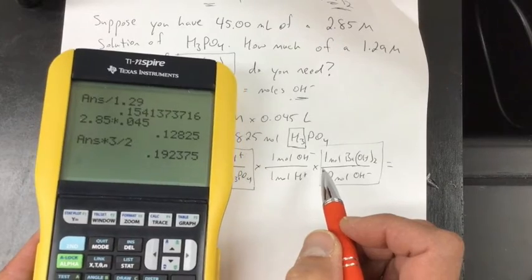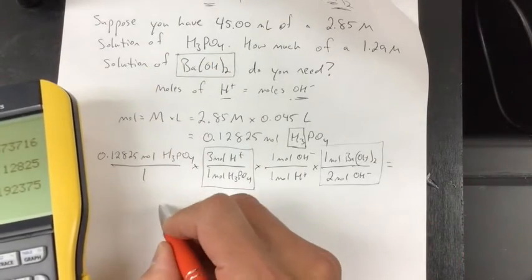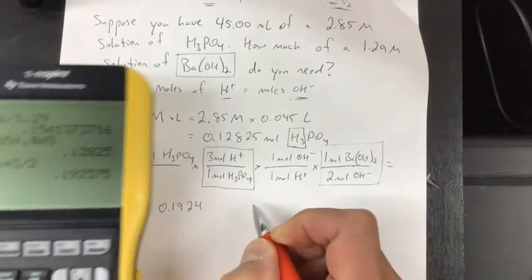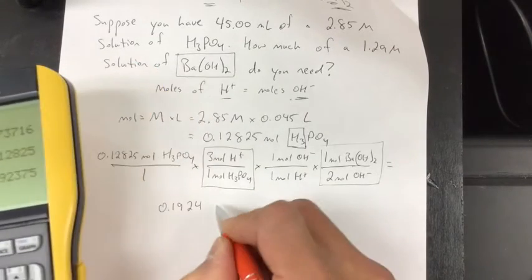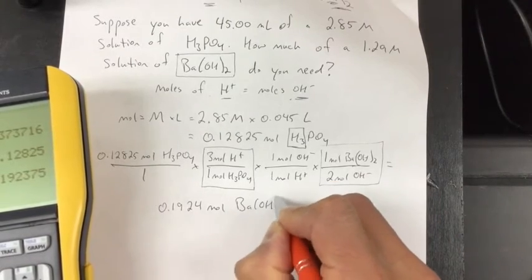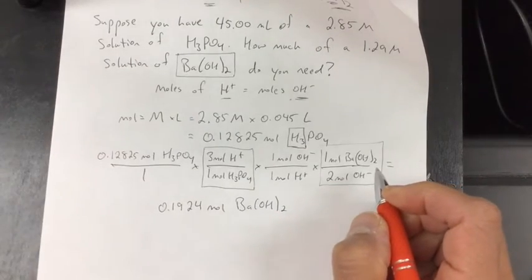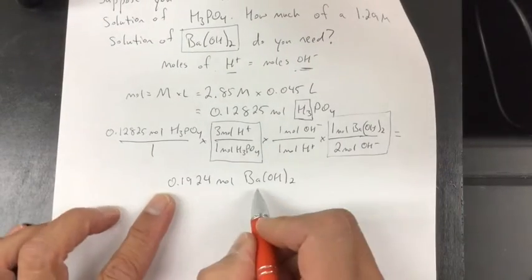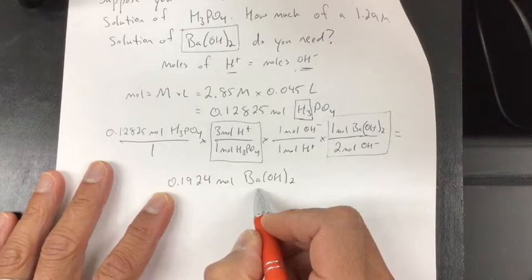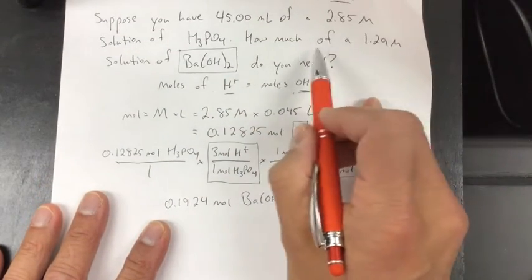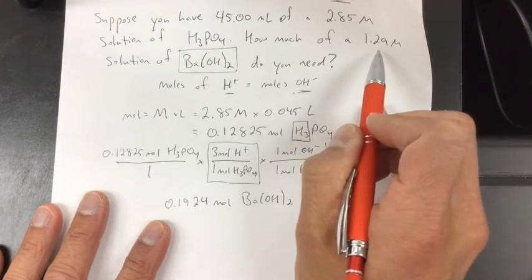I just did that, and I end up with 0.1924, rounded, moles of BaOH2. I'm not done yet. I have moles now, and it's asking me how many milliliters or how many liters I need of this solution.